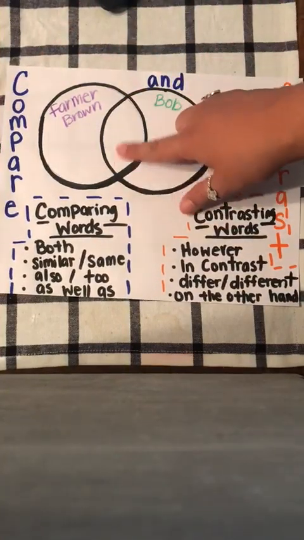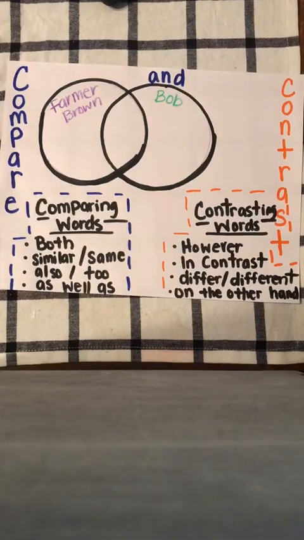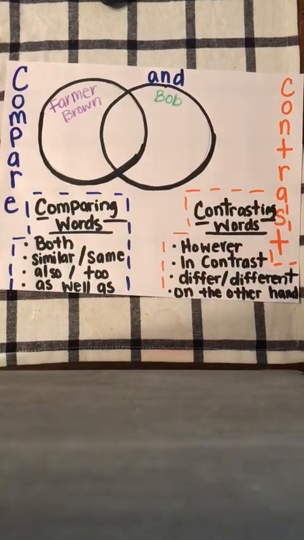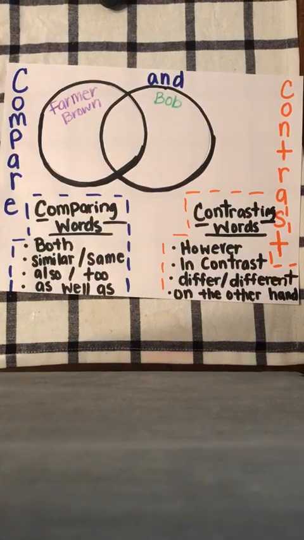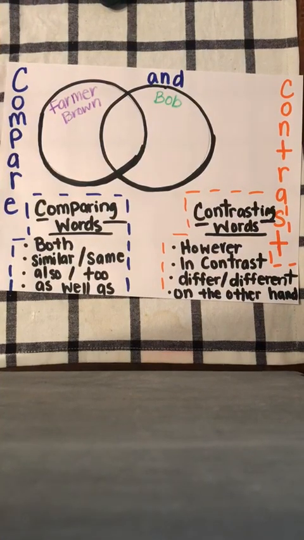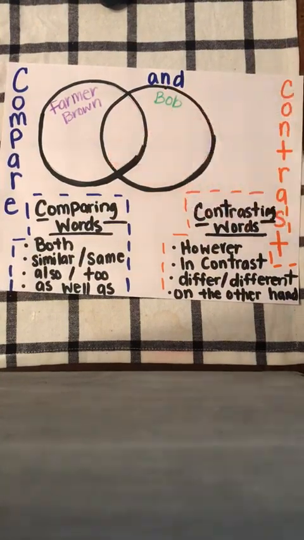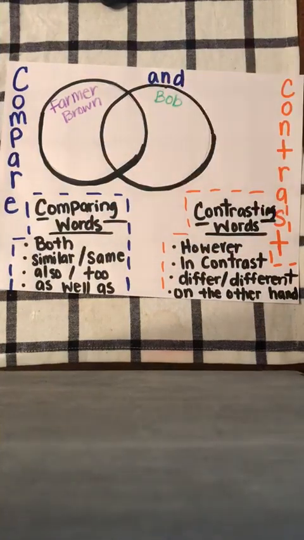Now in the middle right here, you would compare them. You'd tell me what they have that are the same. Now what I wanted to tell you is that whenever we talk about our Venn diagrams that we're using to compare characters, we want to use comparing words when we're talking about what's in the middle. We're going to say they both have lived on a farm.